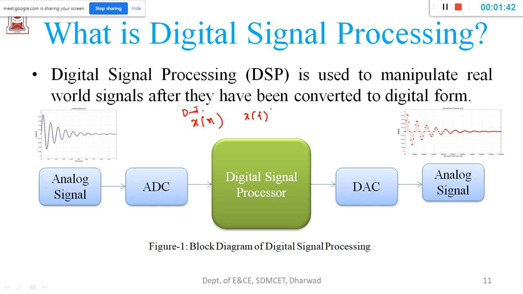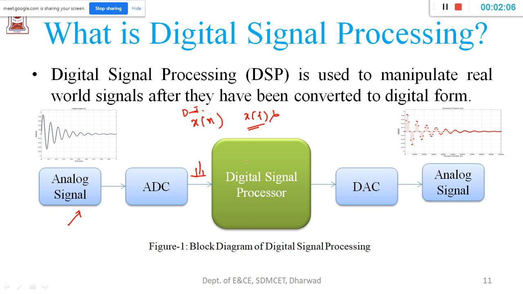Here we are least bothered about x of t signals, as they are analog and continuous. Almost all the time we will be taking up discrete time signals, which means even if the input signal is an analog signal, later we convert it into a digital signal using an analog to digital converter.